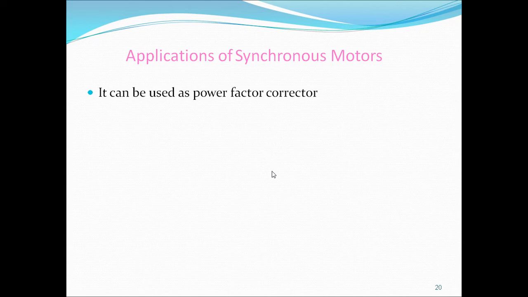They design each industry to work on some power factor, that is 0.866. If the industry's power factor is less than that, then the power factor reduces, and what happens?